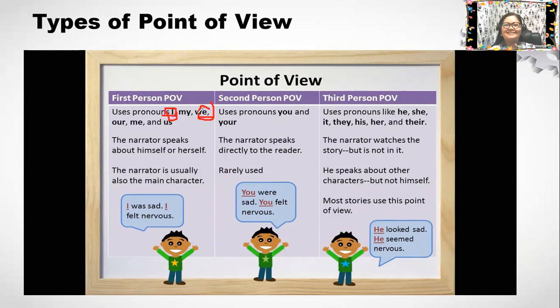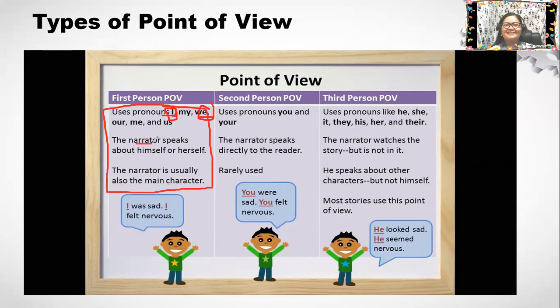So, most likely, when they use first person plural, it means there is a group of people narrating the story. Or maybe they have the same identity and experiences.